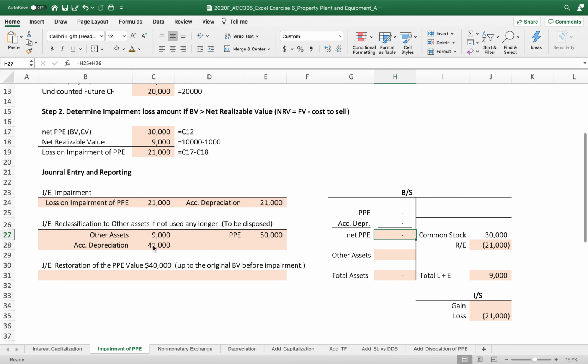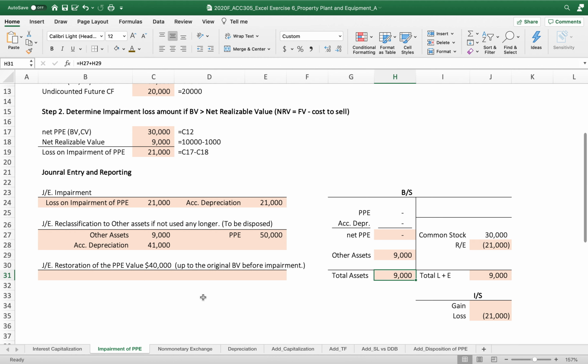So we don't have anything, but we should now transfer this $9,000 of the net PP&E to the other asset, so that it is not going to be depreciated. Okay, so we have the same effect. We don't have any PP&E, but we increase other assets, so it balanced out. We don't have any effect on the income statement. That's why it doesn't change anything here.